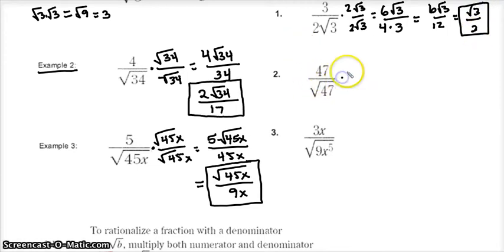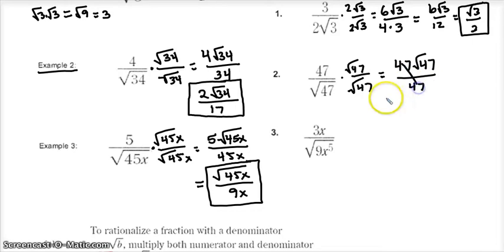For question number 2, you should have multiplied the top and the bottom by the square root of 47. Up top, you get 47 root 47 all over 47. My 47's cancel, and I'm left with the square root of 47.